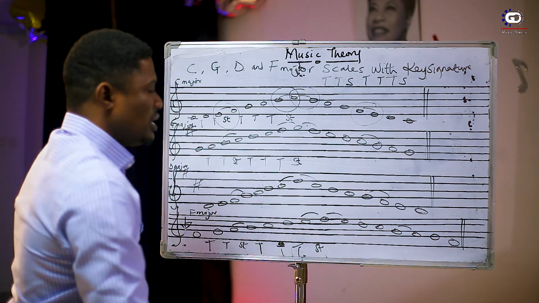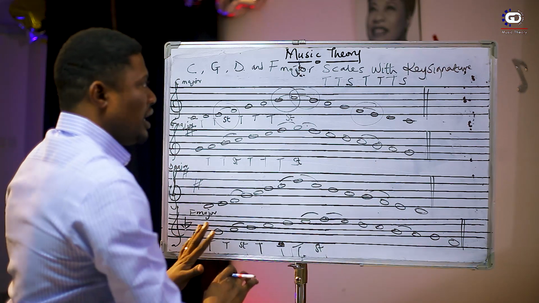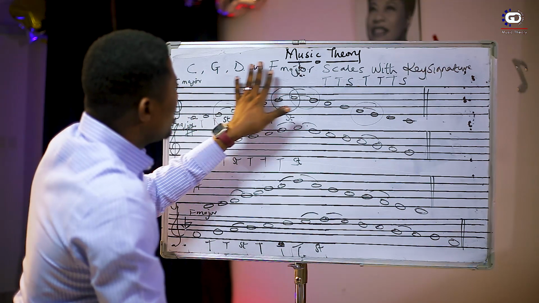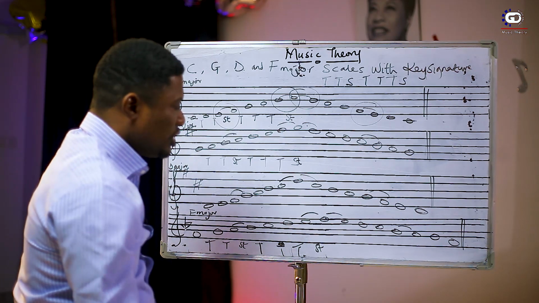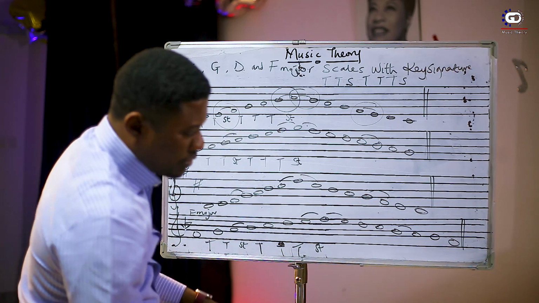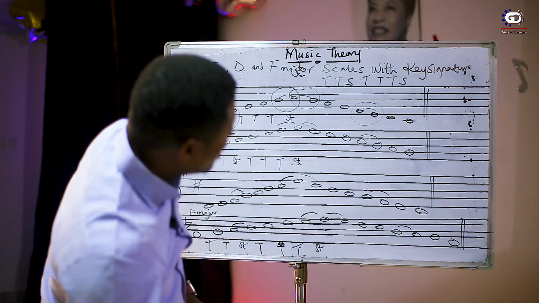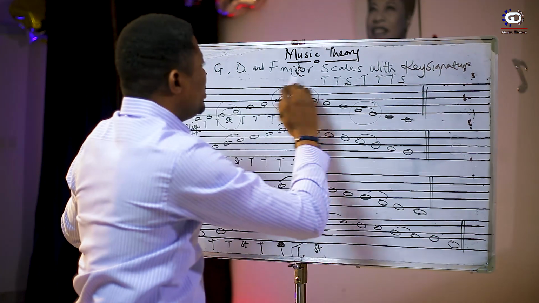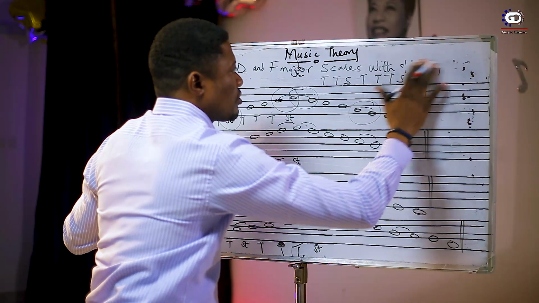F is a tone. Now, don't forget that what we have done here is major scales with key signature. So if I may change this around, now let's make it major scales with accidentals.